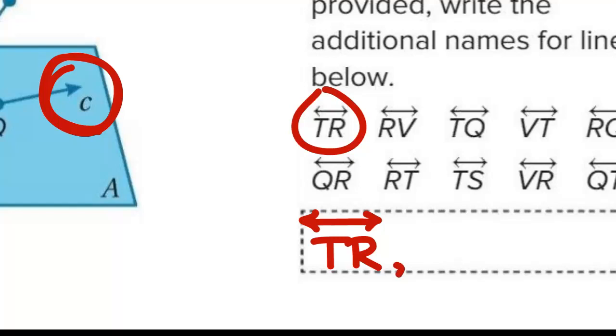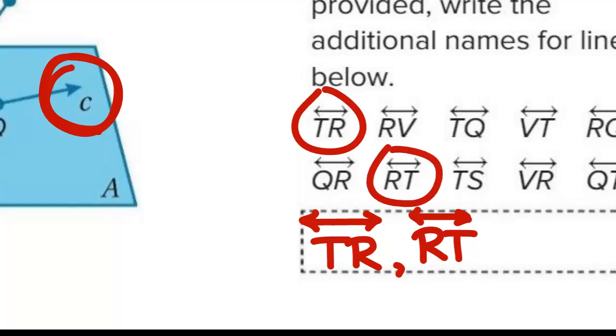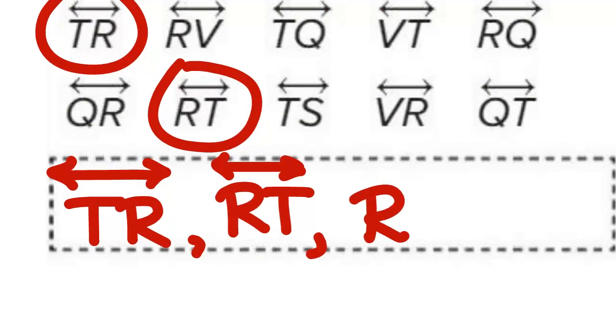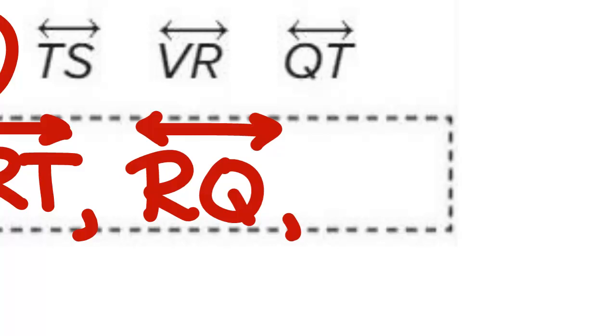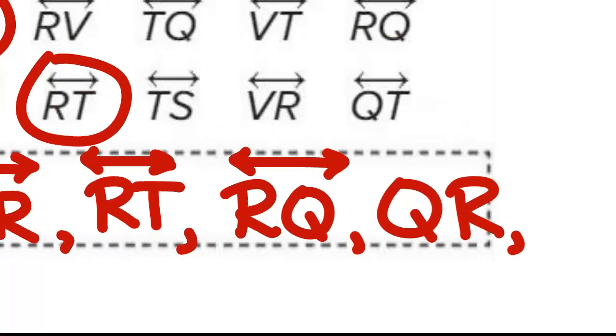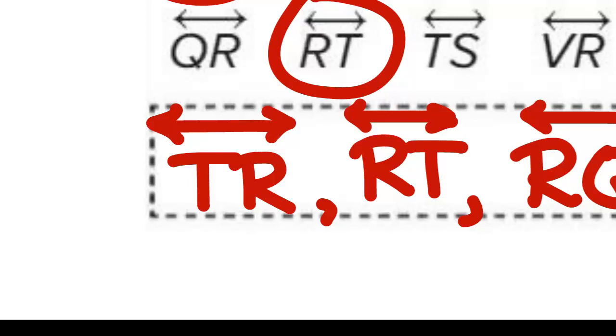RT. So I could call it TR, I could call it RT. I can call it RQ because Q is also on that line. What else could I call this? QR. I could call it what?